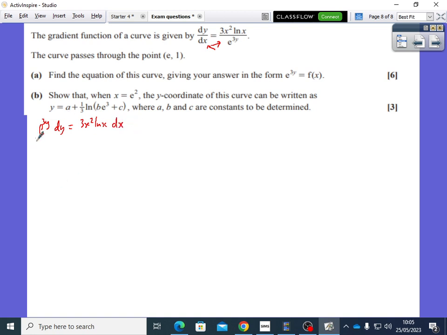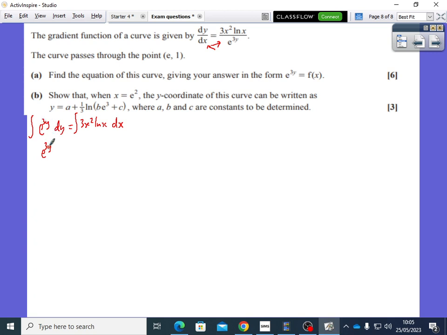Okay, and because I've now got the variables separated, I'm going to introduce my integration. This side is fairly straightforward to integrate. Any exponential function, when you're integrating it, stays the same, so that will just stay e to the 3y.